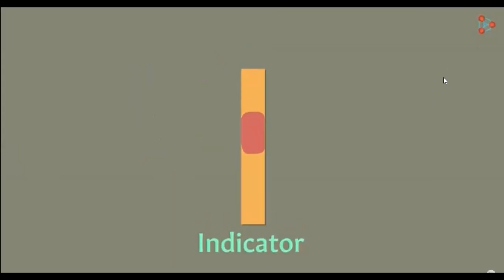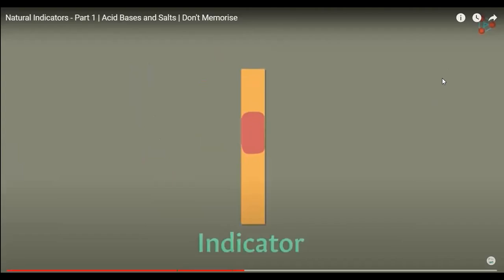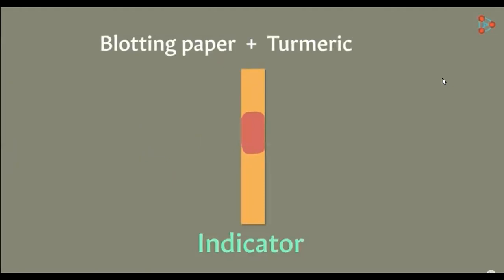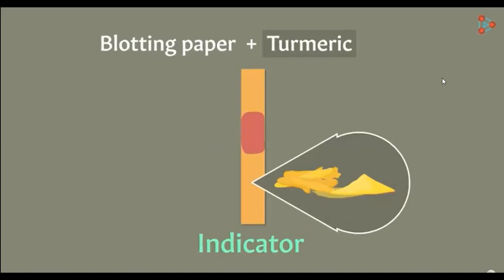Yes, it is. And what is it made of? It's simply a blotting paper with turmeric applied to it. Turmeric? Yes, the same turmeric that's used in the kitchen. Turmeric is an excellent indicator to detect the acidic or basic nature of solutions.